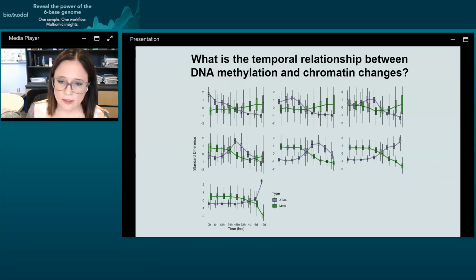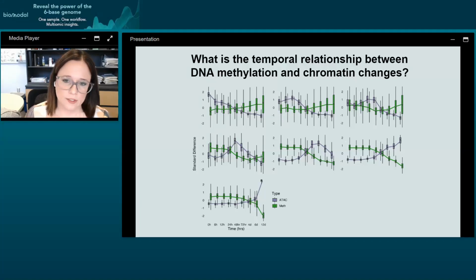So as I mentioned, using accessibility, we were able to define different types of groups of regions that have different types of temporal accessibility behavior across our time course. And so what we defined were 7 different groups that exhibit dynamic behavior that's unique.